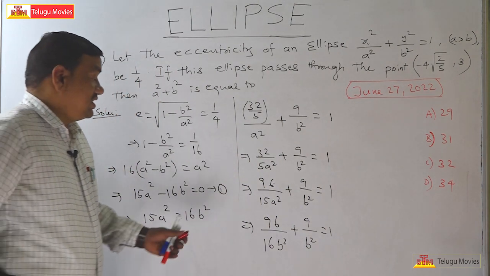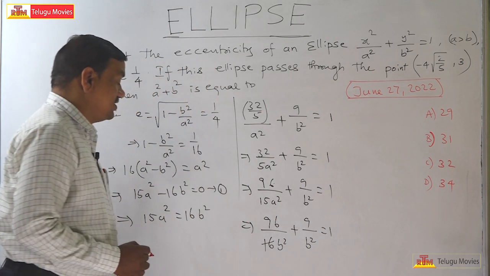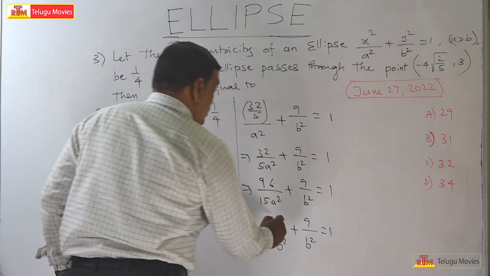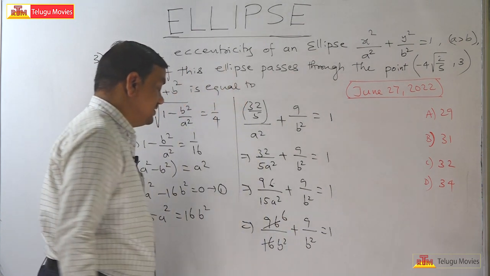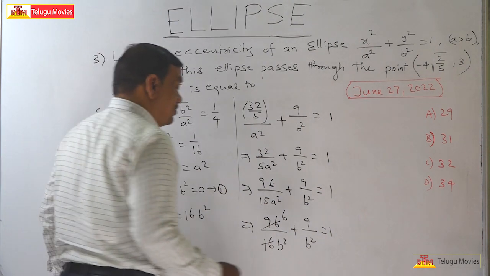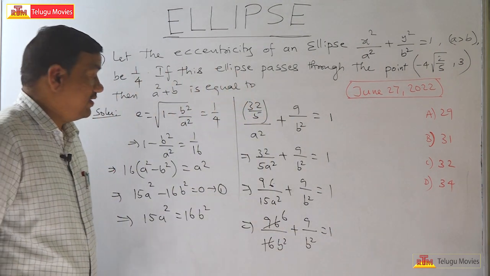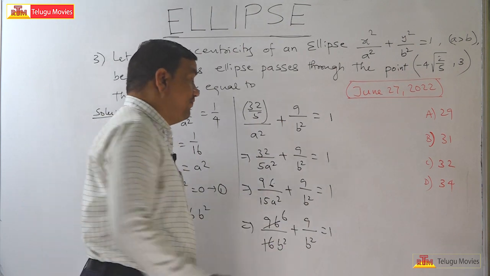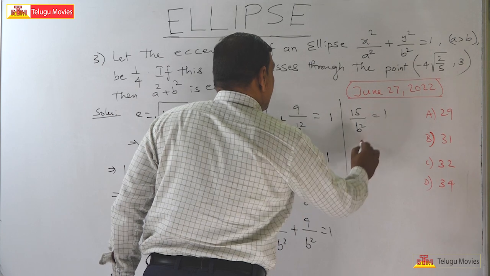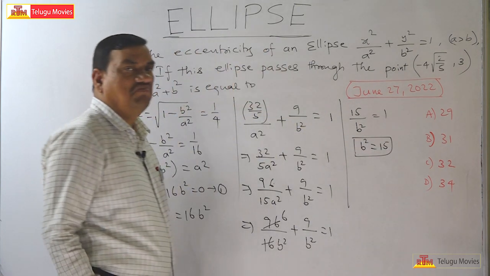Any more cancellations? 96 divided by 16 is 6. So this is 6 plus 9 by b square, 6 plus 9 is 15. 15 by b square is equal to 1. Therefore, b square is equal to 15. Very easy.